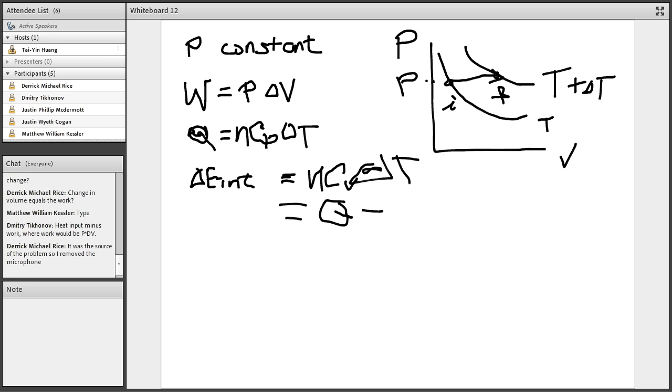Okay, so now what we're going to do is set this equal to this.